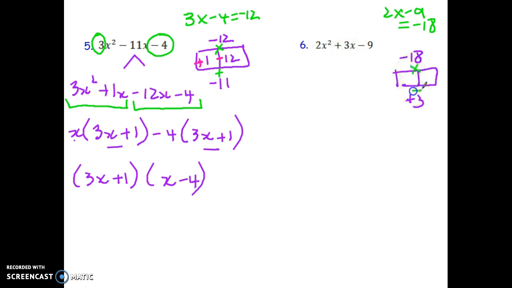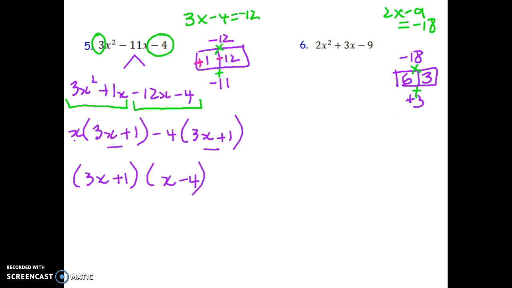Multiply to minus 18, add to plus 3. So the two factors are going to be, well, 2 and 9 make 18, but the difference between 2 and 9 is not going to give us the 3. So we need to explore something else. I think we're going to need 6 and 3. 6 times 3 is 18, and the difference between them is 3.